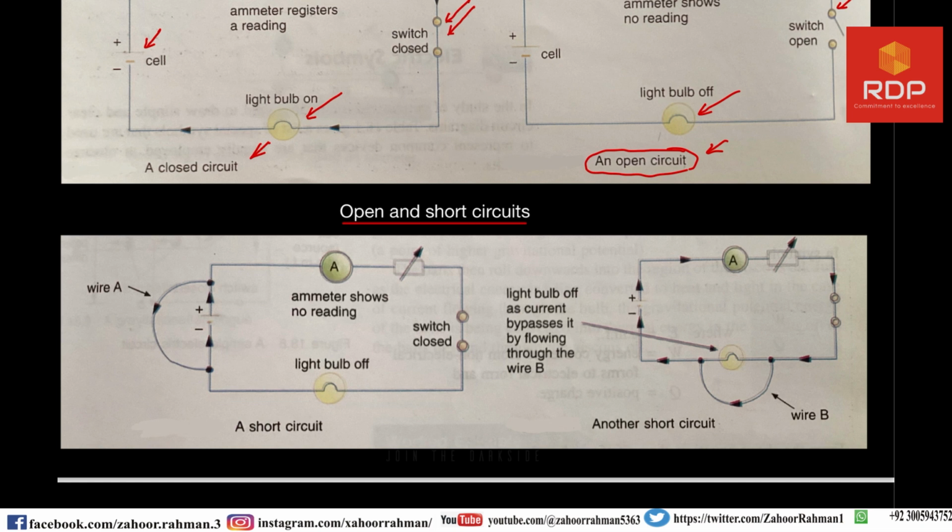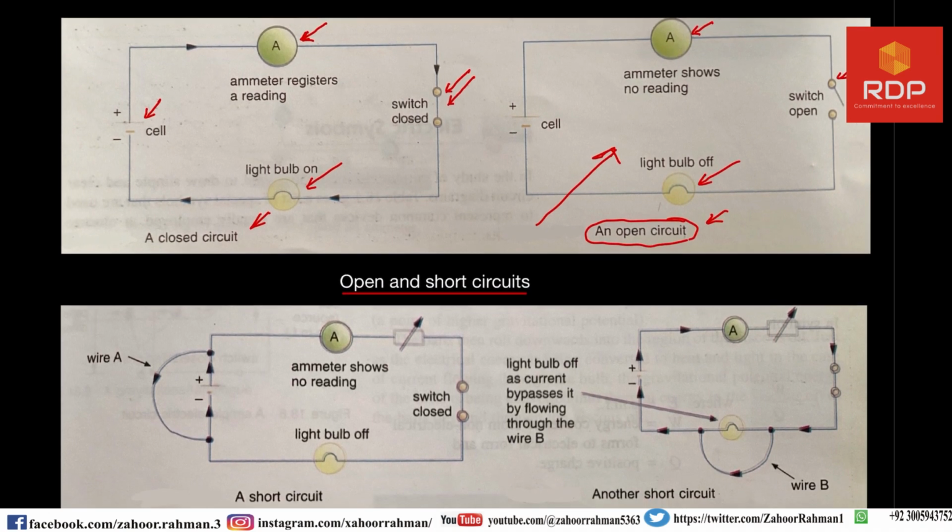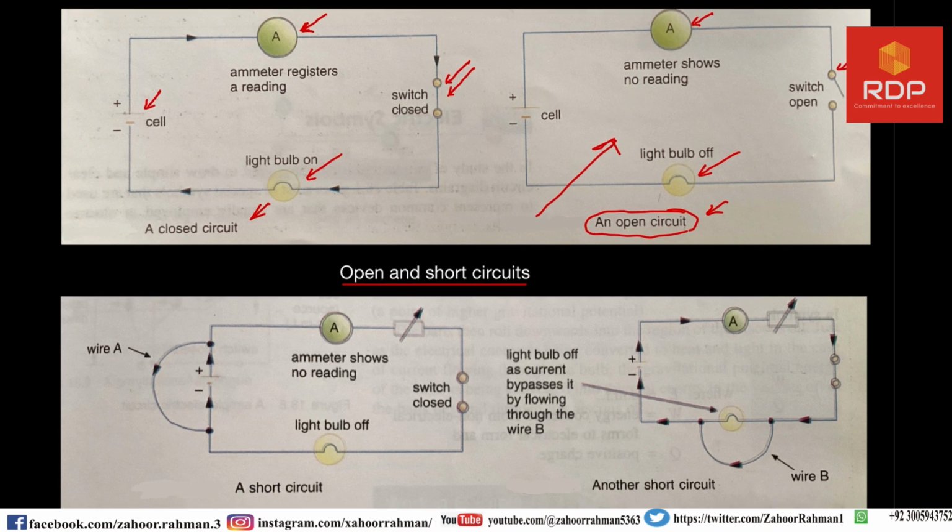Open circuit is the example shown in this diagram. This diagram is an open circuit. An open circuit occurs when there is a break in the circuit to stop the current from flowing.